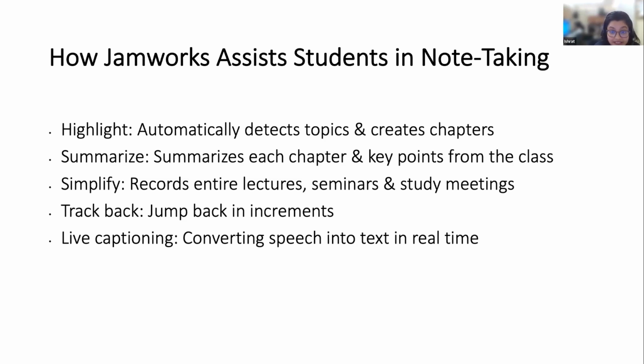It summarizes each chapter and key points from the classes. The transcript from each chapter is converted into a bite-sized summary note to help comprehension. Also, the AI generates a list of key points along with an explanation and some bullet points for each topic or each chapter. Then it simplifies, records entire lectures, seminars, or study meetings.